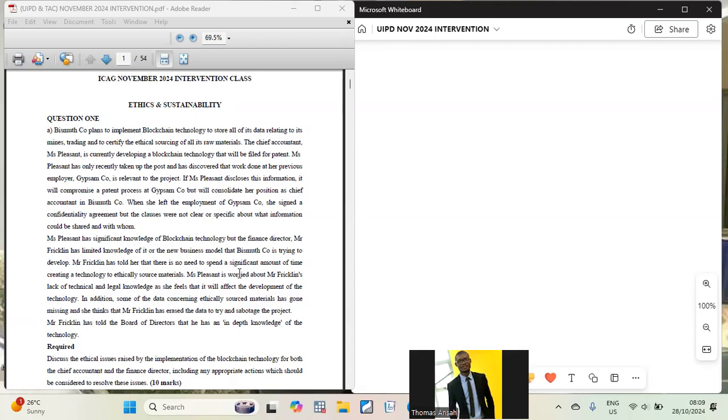Ms. Pleasant is worried about Mr. Fricklin's lack of technical legal knowledge, as she feels it will affect the development of the technology. In addition, some of the data concerning ethically sourced material has gone missing, and she thinks that Mr. Fricklin has erased the data to try and sabotage the project. Mr. Fricklin has told the board of directors that he has an in-depth knowledge of the technology.